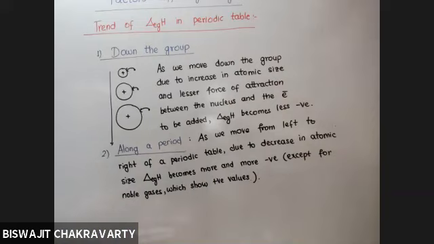So accordingly, group 17 is the group which shows maximum negative delta EGH. Clear?